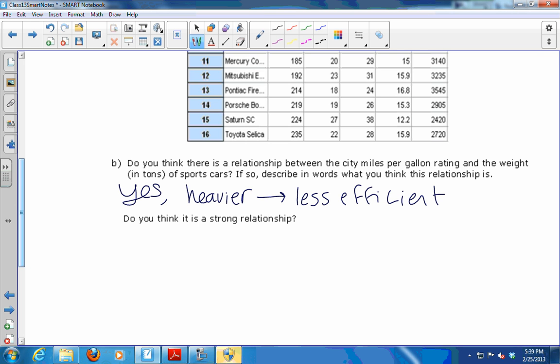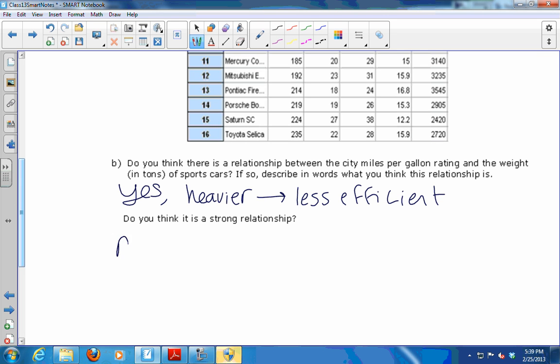No. How come? There's other variables that also contribute to fuel efficiency. So we might be able to predict it within some bounds that account for all the other variables, but it's not going to be a perfect prediction.